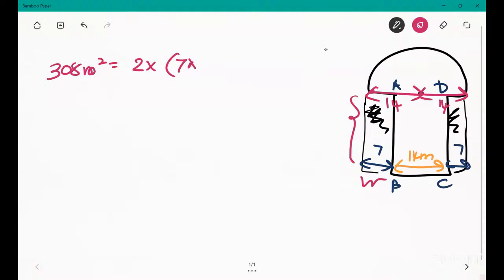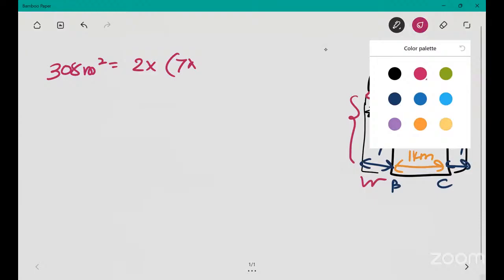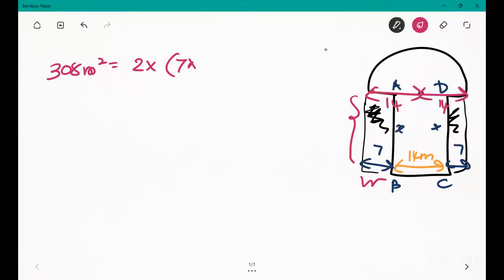If you are putting any additional letters, you have to always remember to mark it in the figure. So I'm going to mark this as x. Both of these are x. So then here it's going to be 7 into x. Did everyone understand how we got it as 2 times 7 into x?